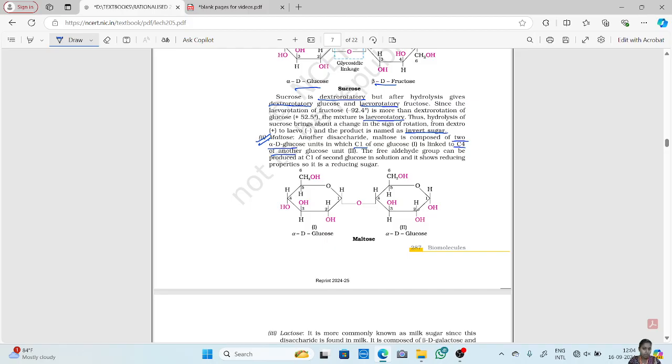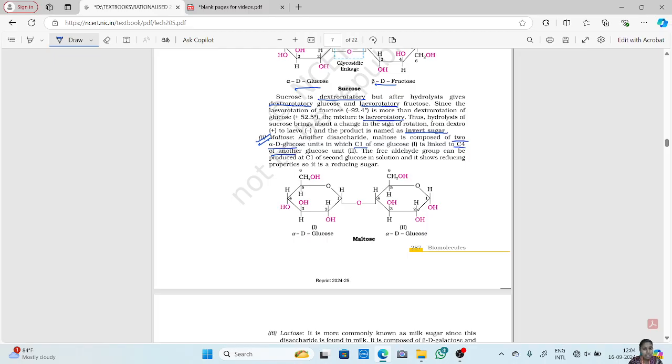As for maltose, there are 2 glucose units joined together, right? Which carbons are involved in the glycosidic bond formation here? From one glucose, it is the C1 group, that is the aldehydic group. For the second glucose molecule, it is the C4 linkage.